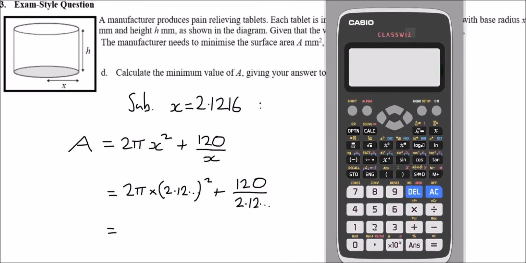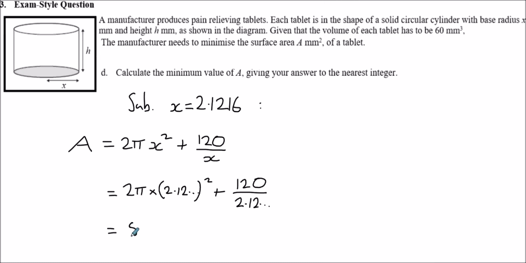So if I just do now 2 shift pi multiplied by that answer squared plus 120 over the answer, which was the 2.12 and so on, we get 84.84 and so on. 84.84, yeah. So because we want to give this to the nearest integer, that rounds to 85 square millimeters.